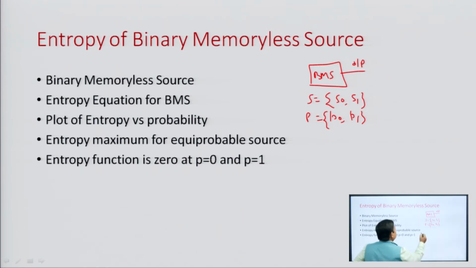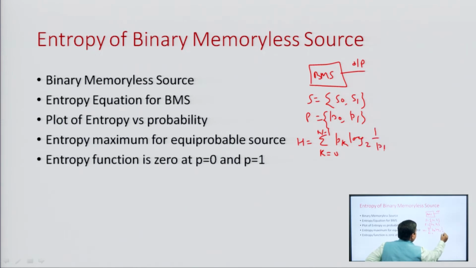So, H can be calculated as given in the last slide, that is the sum over k equal to 0 to n minus 1 of Pk log base 2 of 1 upon Pk. Here n equals 2. Then k is equal to 0 to 1 of Pk log base 2 1 upon Pk.